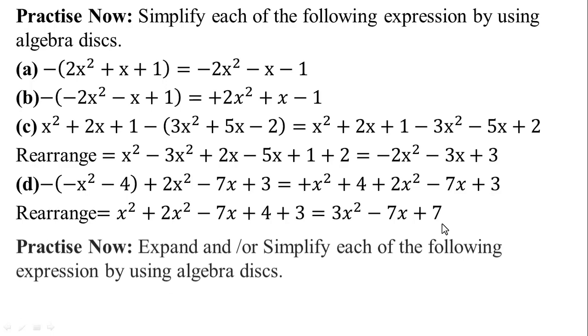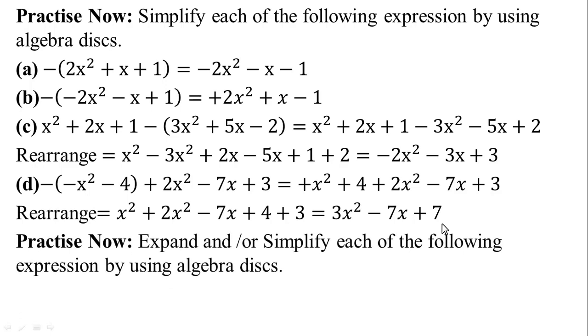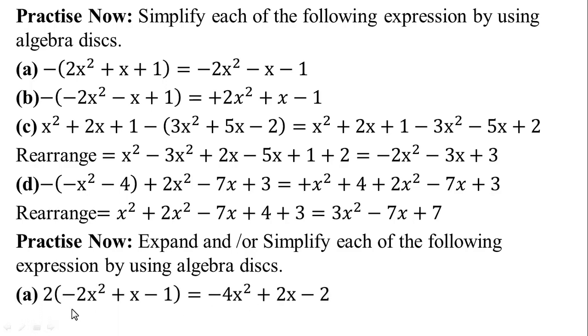Now in Practice, page number 45, expand and simplify each of the following expressions by using the algebra discs. First of all, in A part, 2 into minus 2x square plus x minus 1. First of all, 2 multiply by each term, then minus 4x square plus 2x minus 2.